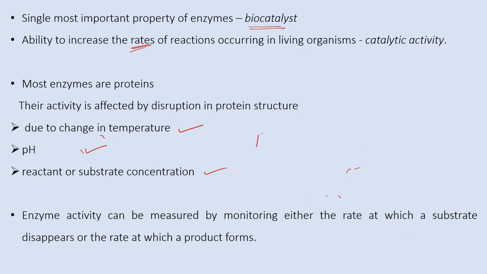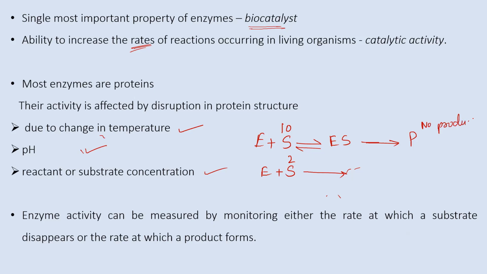Okay, so if you are doing this reaction, again E plus S, reversible, ES, and it will give you product; this is a reversible step. Now there are two ways to find out whether the enzyme is active or not. How will you find out? So if I have 10 substrate molecules when I started the reaction, and after I finished the reaction there are only 2 substrate molecules remaining, and when I started the reaction there was no product, right?